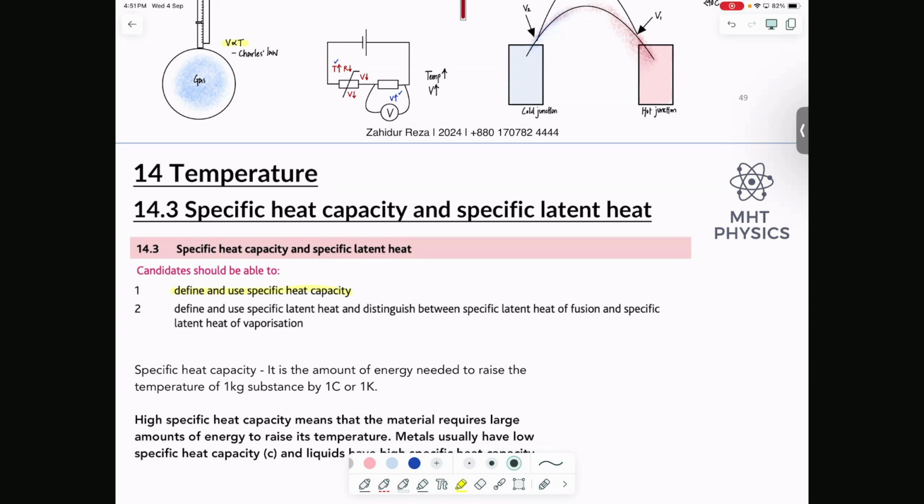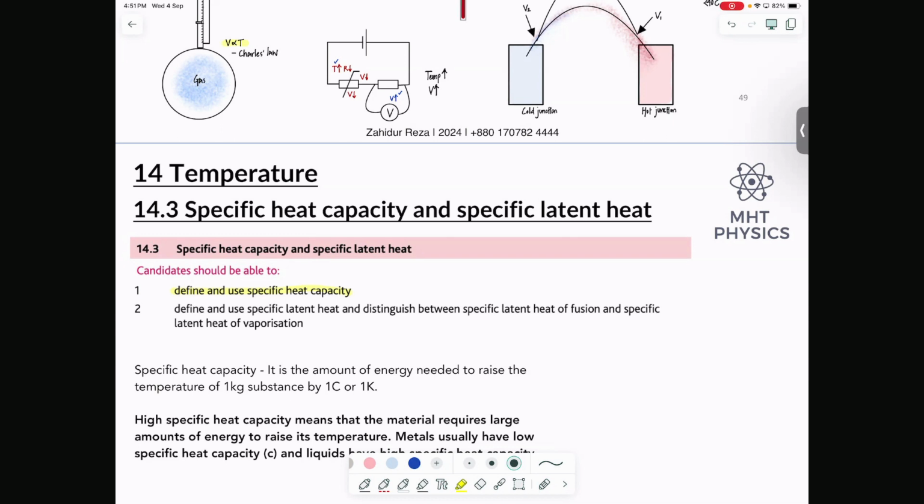And the higher the value, most likely it's not a good conductor or it's an insulator, right? So the energy transfer doesn't take place that well. And that's more or less it. And metals and solids have what specific heat capacity, high or low? Metals have what specific heat capacity? Low, right? And water has very high because water has strange behavior.